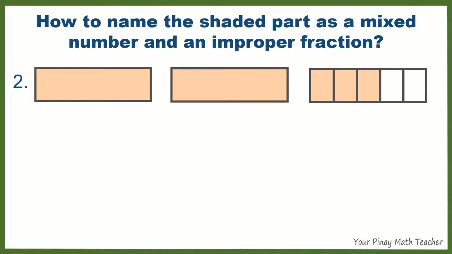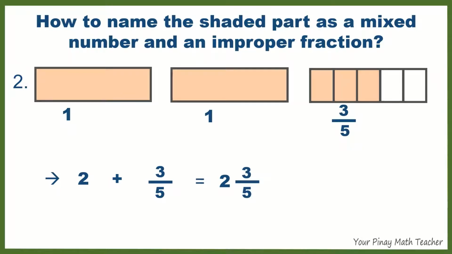So, for the first two, we have 1 whole, and 3/5. Combining the 2 wholes, we have 2 plus 3/5 is equal to 2 and 3/5.